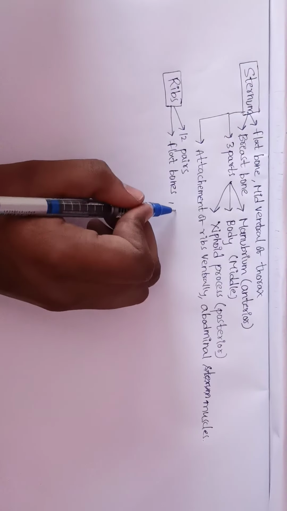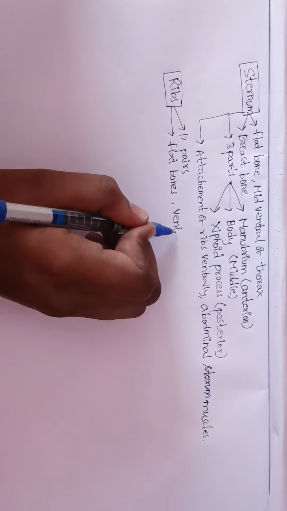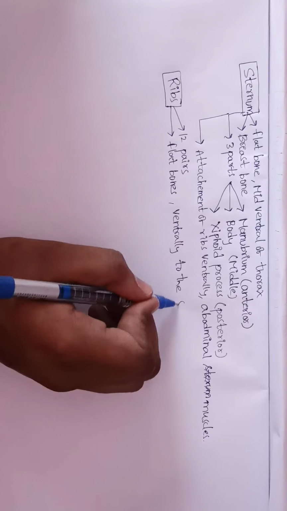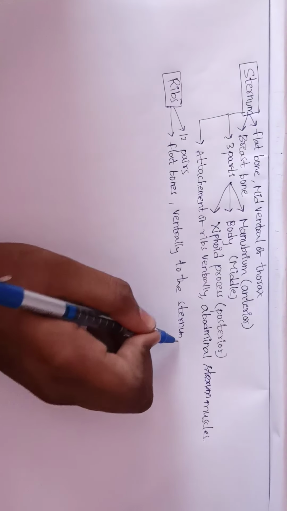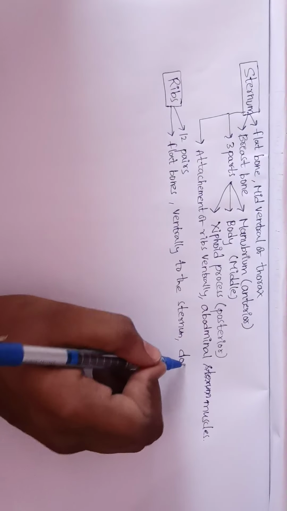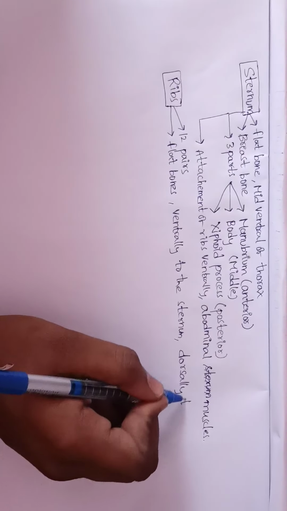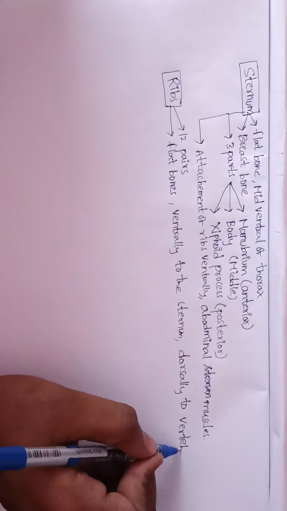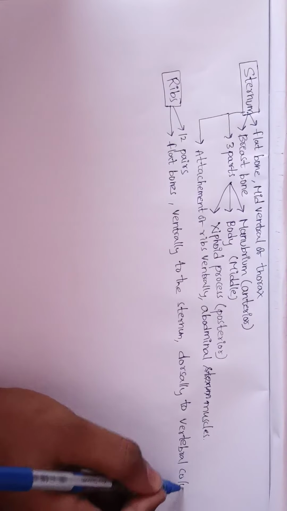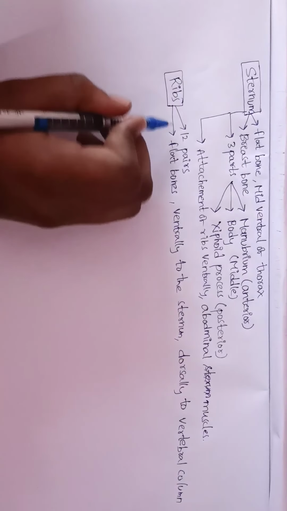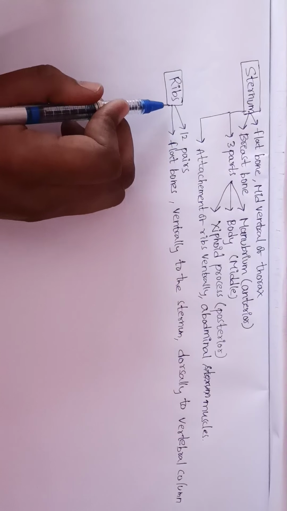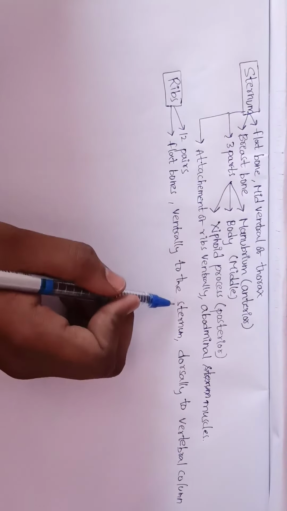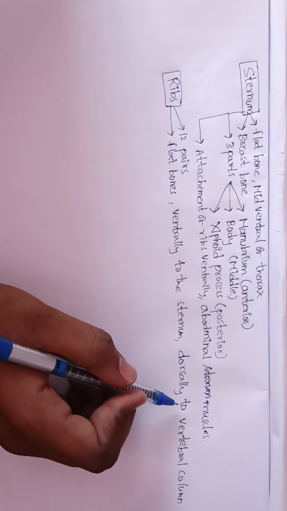These are attached ventrally to the sternum and dorsally to the vertebral column. Ribs are 12 pairs. These are flat bones. These ribs are attached ventrally to the sternum and dorsally to the vertebral column.